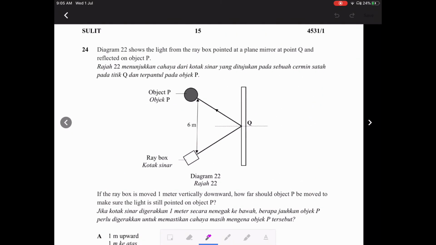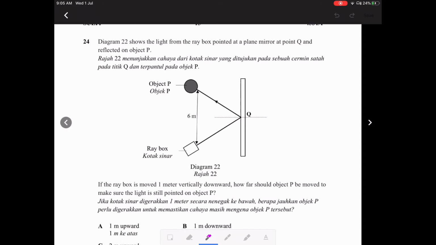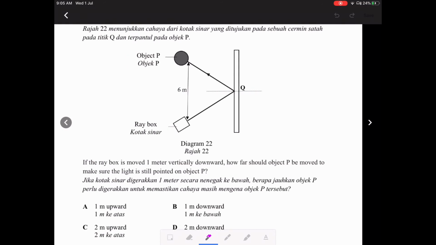24. Diagram 22 shows the light from the ray box pointed at a plane mirror at point Q and reflected on object P. Okay, if the ray box is moved 1 meter vertically downward, how far should object P move to make sure the light is pointed at point P?